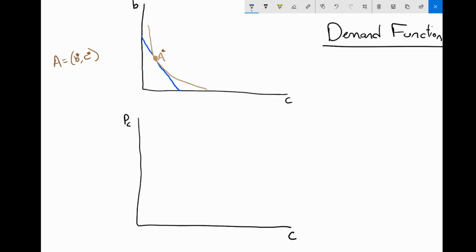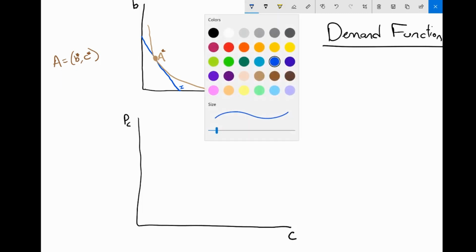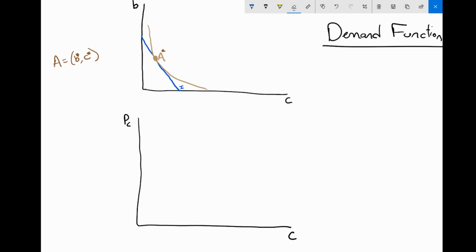I'm sorry, this is not an indifference curve. This is the budget line, and I typically use L to represent the budget line, so budget line L. This corresponds to some budget constraint, that is, to some value of the parameter income and the price of coffee and the price of bagels.